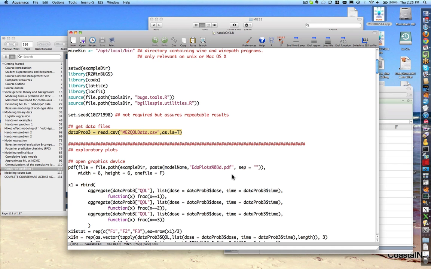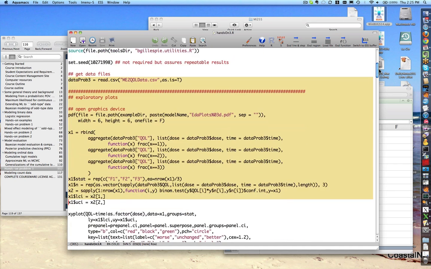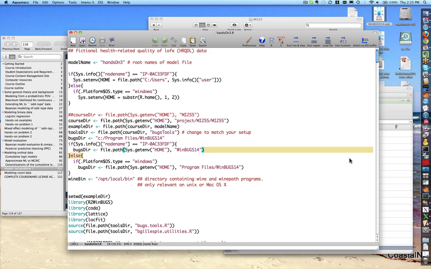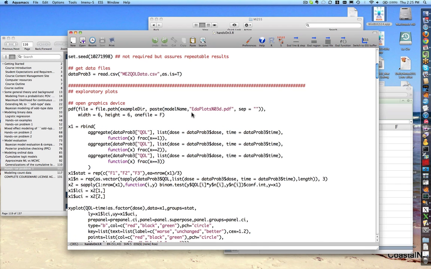The exploratory plots you just saw, if you wanted to see how to make those, that's going on right here in this section. You can see where it's opening up a plot file with the PDF statement, and then you see the process of generating those.